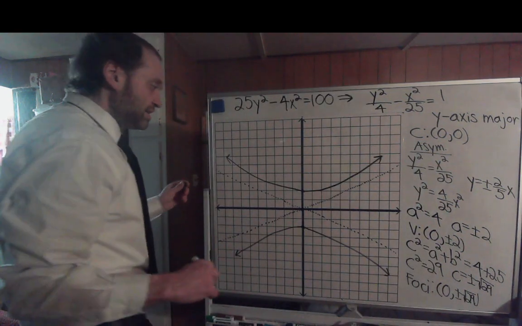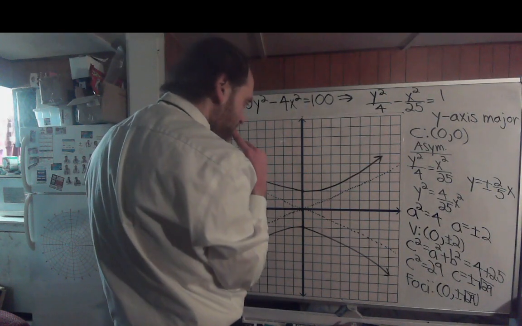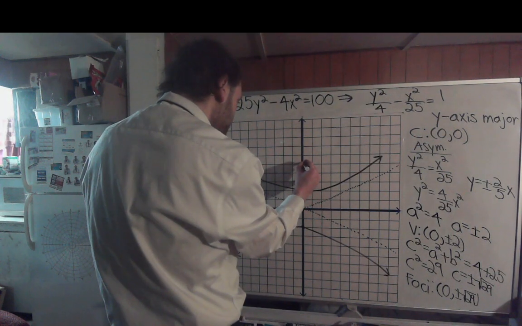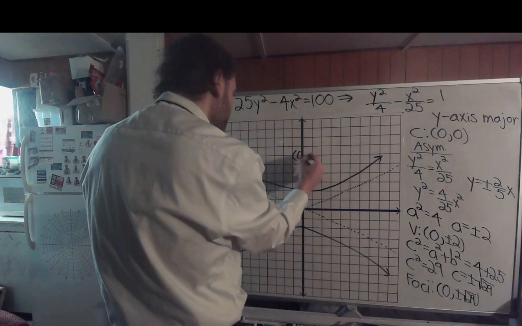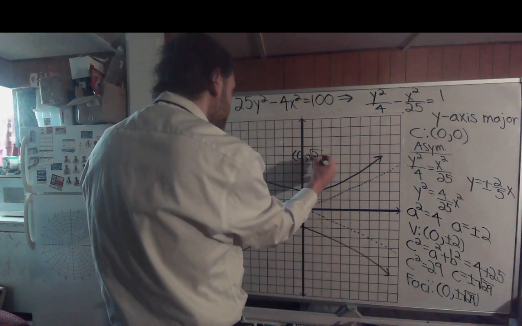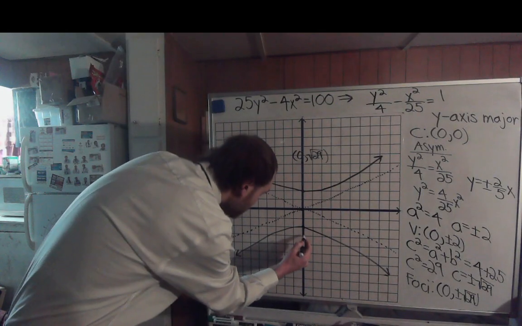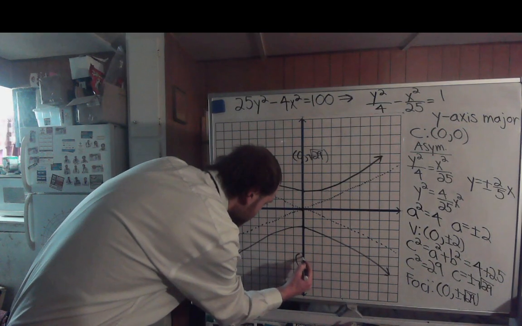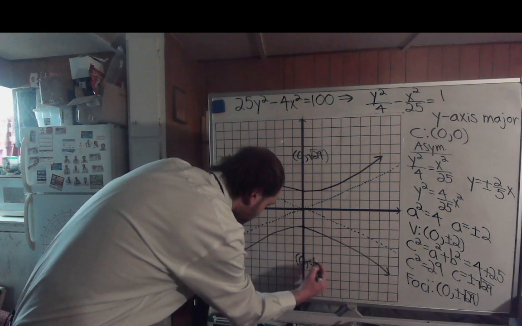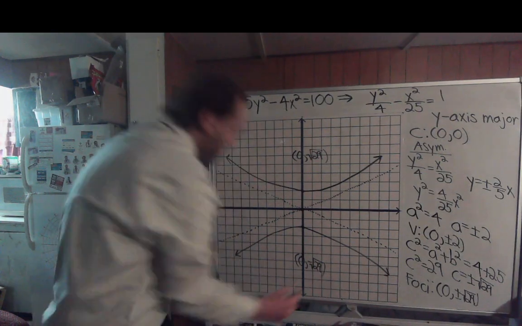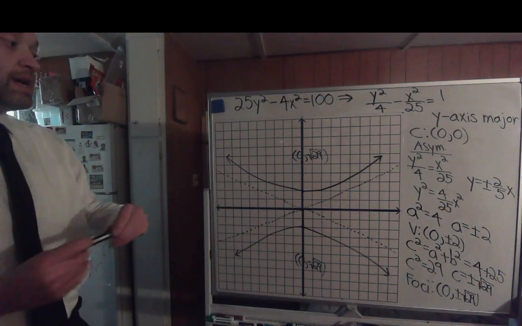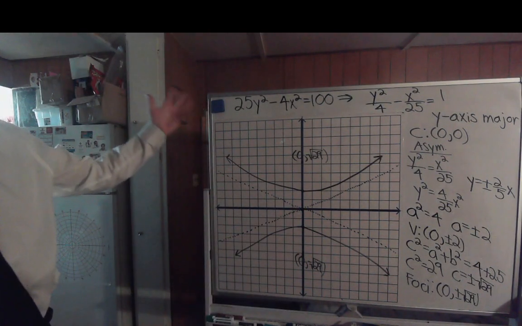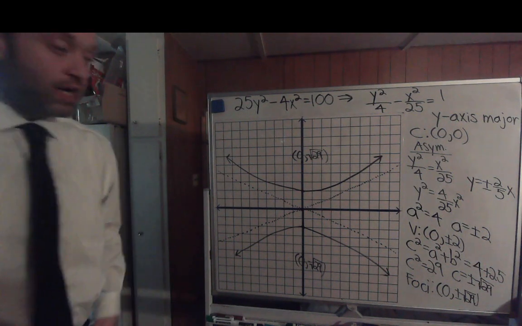That's going to be a little over 5. So here's 0, square root of 29, and a little over that, here would be 0, negative square root of 29. So there's your two foci. And then here's the shape of your hyperbola with center at 0, 0, and the y-axis being the major axis.